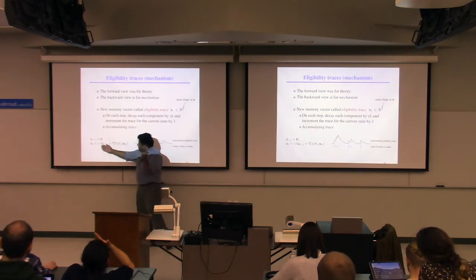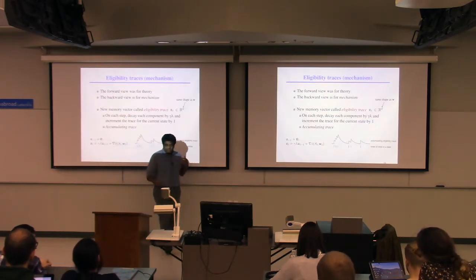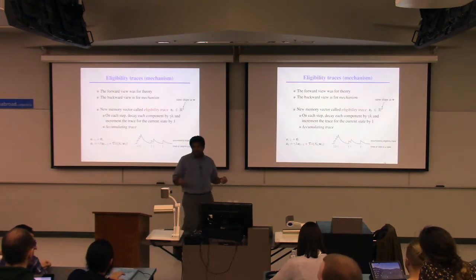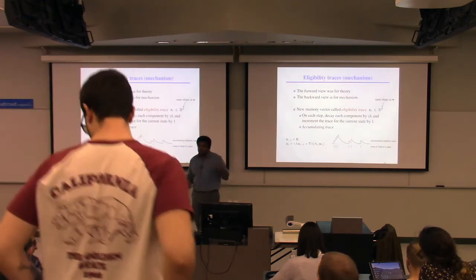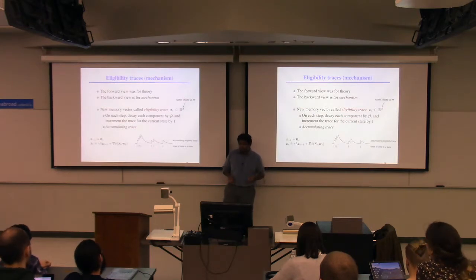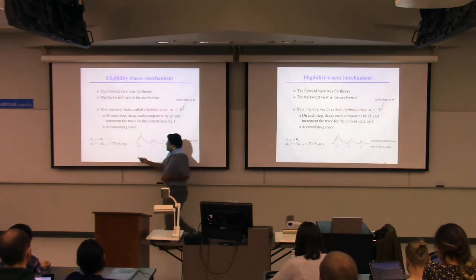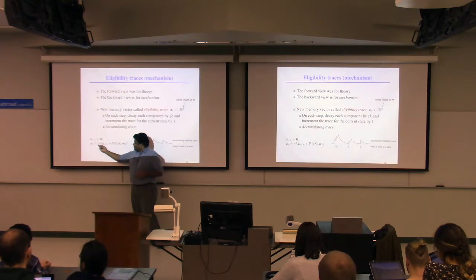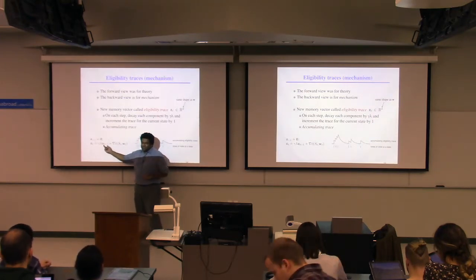Okay, so what the accumulating trace does is it says, let me take the last trace, decay it by the product of lambda and gamma. Lambda and gamma are both at most 1, right?